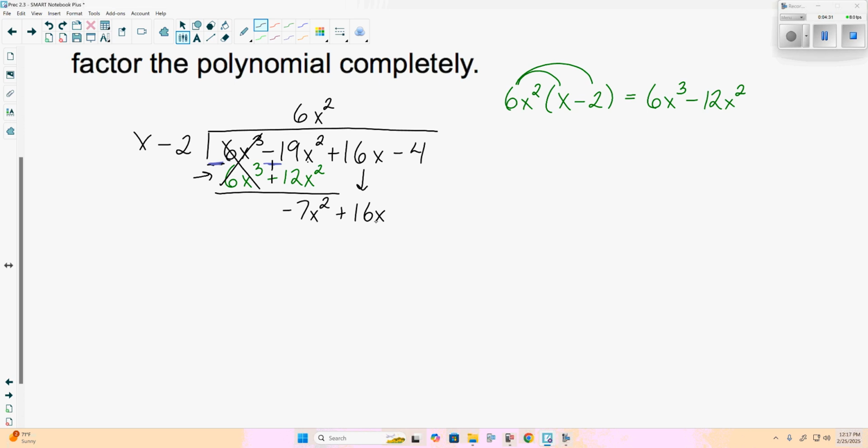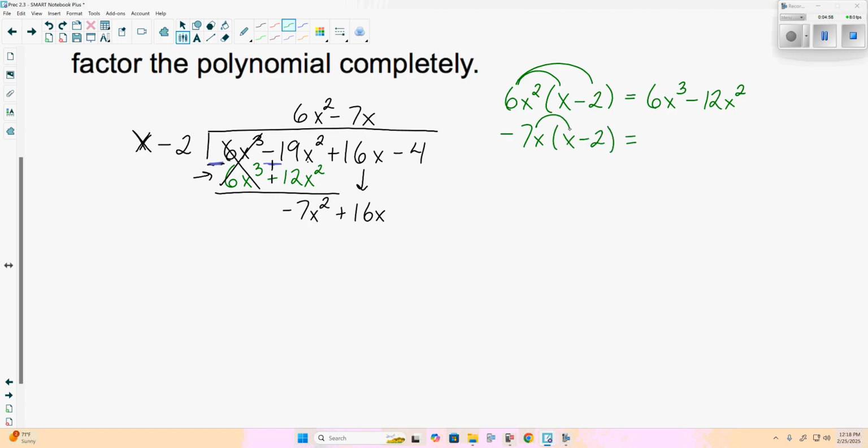and repeat the process. So now we need to see what times our x is going to give us negative 7x squared. Well, for starters, we'll need negative 7. And then what times x gives us x squared? Well, that'd be negative 7x. And we'll multiply again. We're going to say negative 7x times our x minus 2.